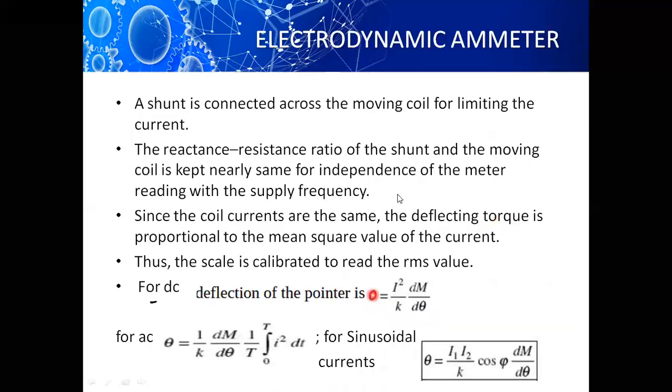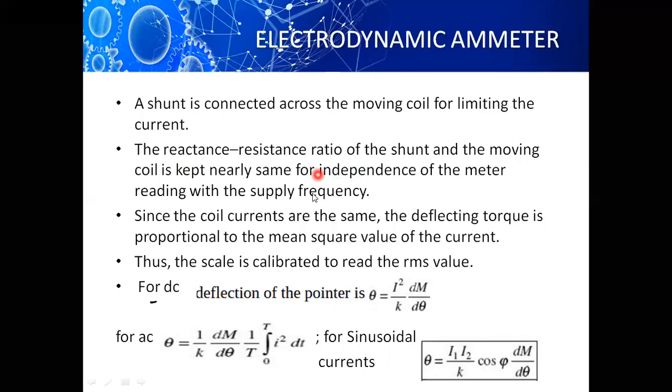The same thing is mentioned here. A shunt is connected across moving coil for limiting the current and also to extend. Limiting the current indirectly means the extension of the ammeter range. The reactance to resistance ratio of the shunt and the moving coil is kept nearly same so that the meter is independent of the supply frequency.